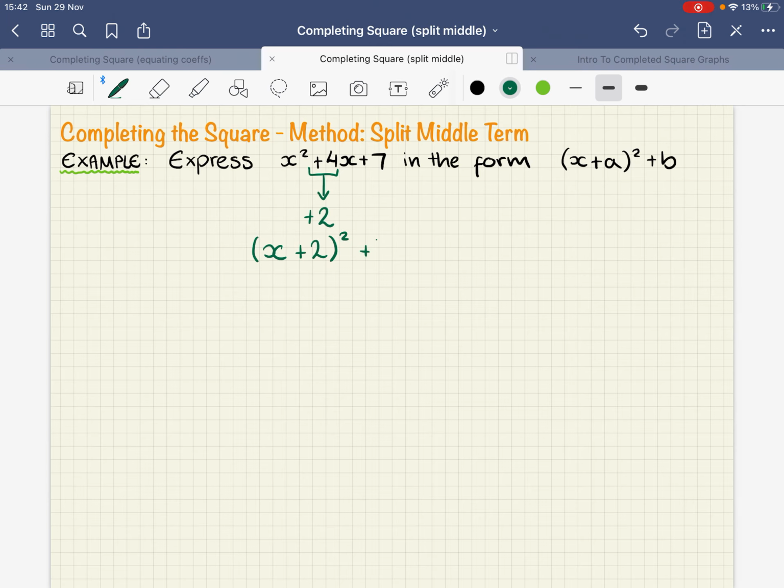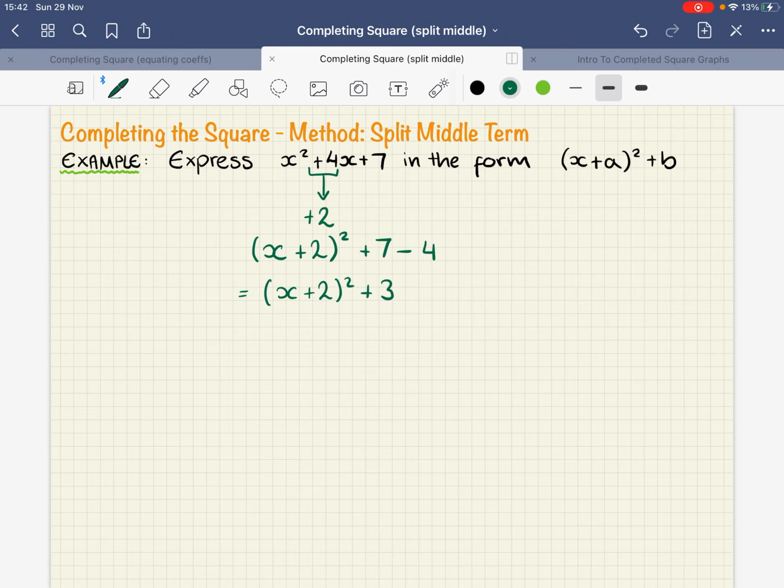I'm still going to have that +7 on the end. But as my correction, I'm going to take away whatever this number here squared is. And so 2 squared gives me 4.